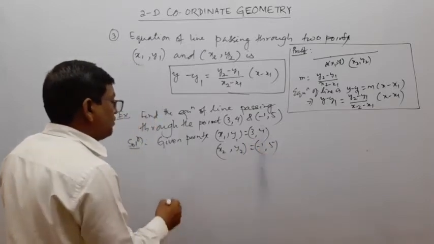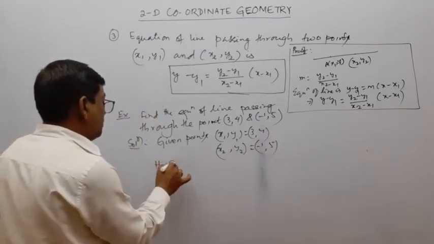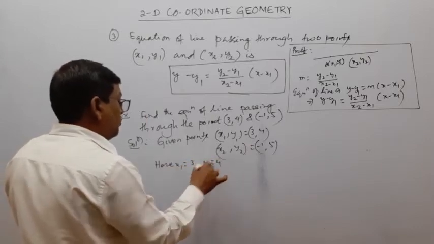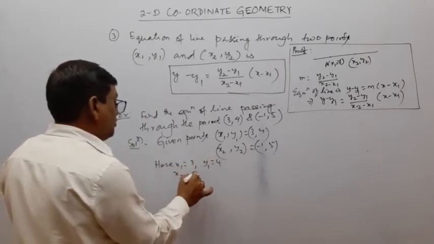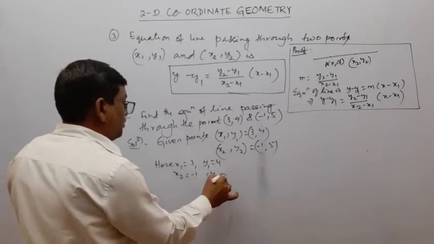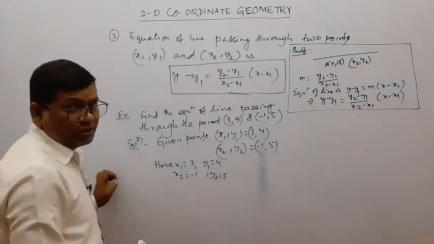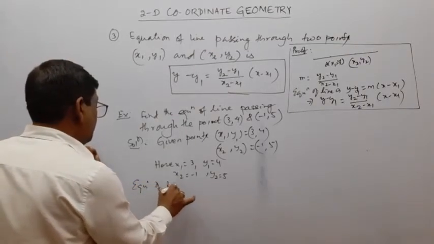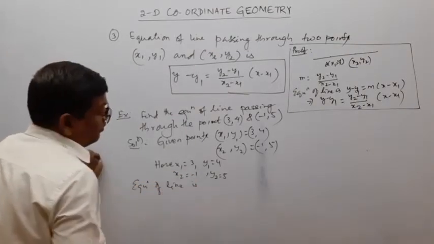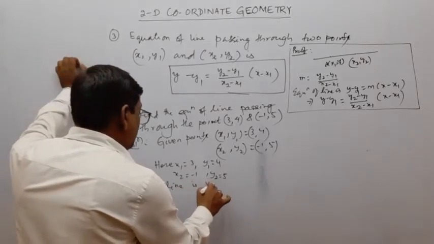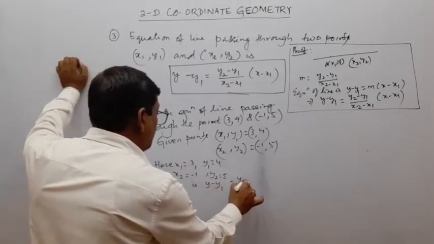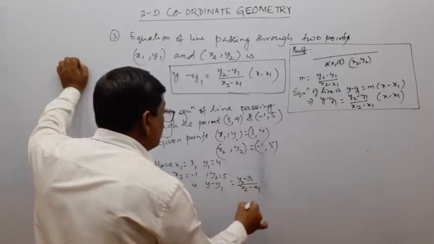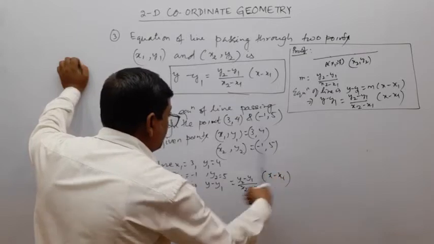Here x1 is equal to 3, y1 is equal to 4, x2 is equal to minus 1, y2 is equal to 5. Now equation of line is y minus y1 is equal to y2 minus y1 divided by x2 minus x1 into x minus x1.